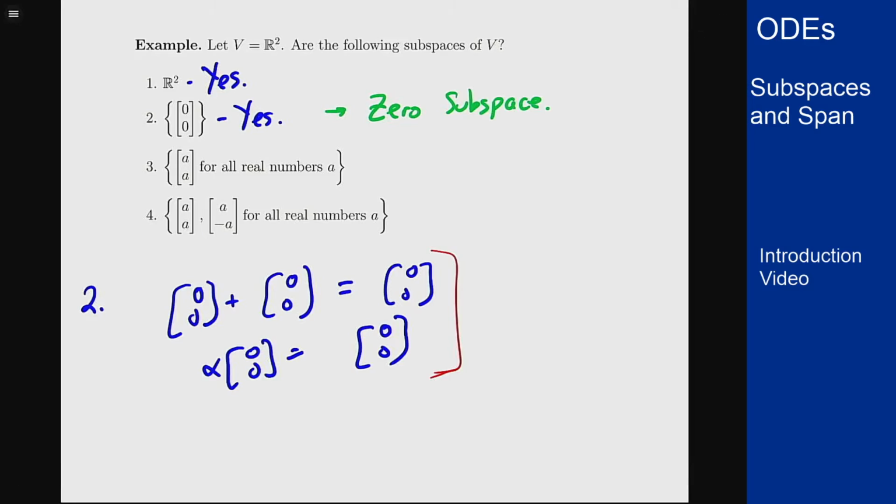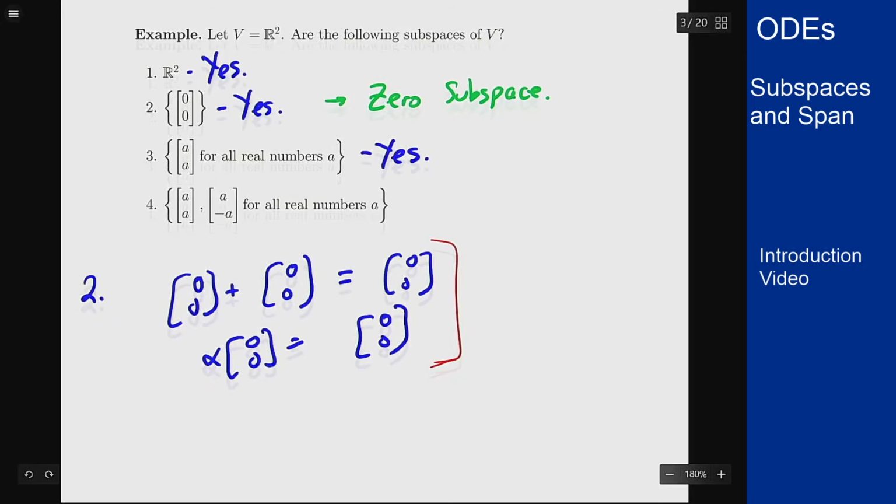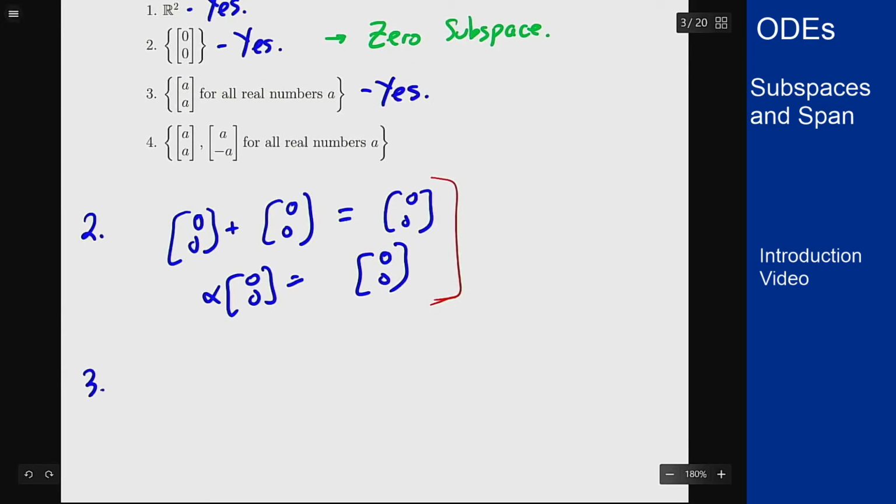What about number 3? We have vectors of the form (a, a) for all real numbers a. For a similar reason to the example before, this also is a subspace. Let's check it out. Now I have more options. I could add a vector of the form (a, a) to something of the form (b, b) for a different number b.